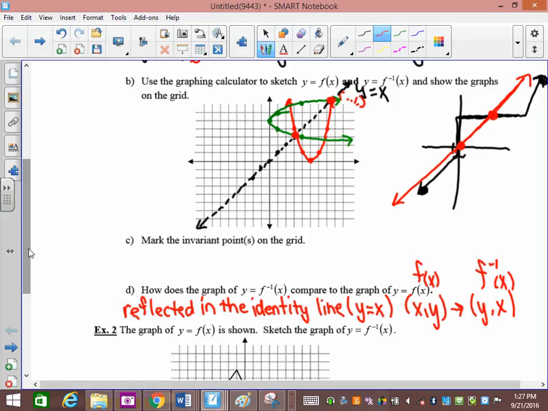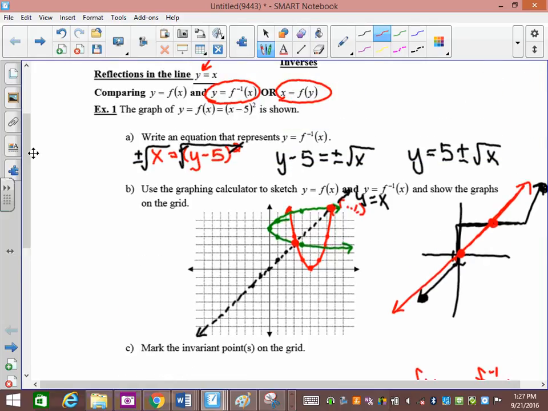So your domain becomes your range, and your range becomes your domain. So what some people do on the test, I'll give you the original equation, and I ask you for the range of the inverse. People go and change the x's and y's, and find the new equation, and then find the range of the inverse. What could you have just done?